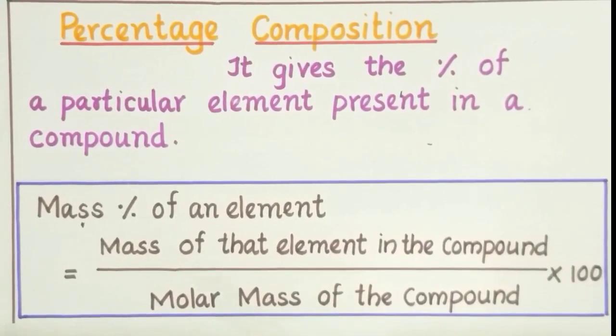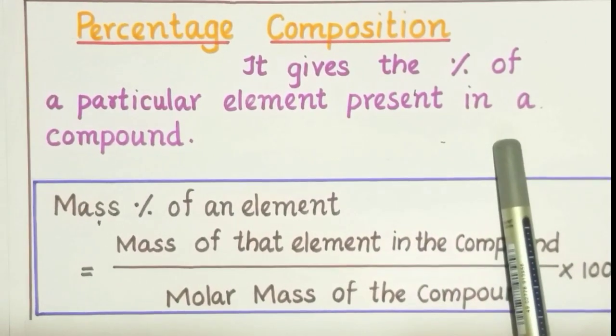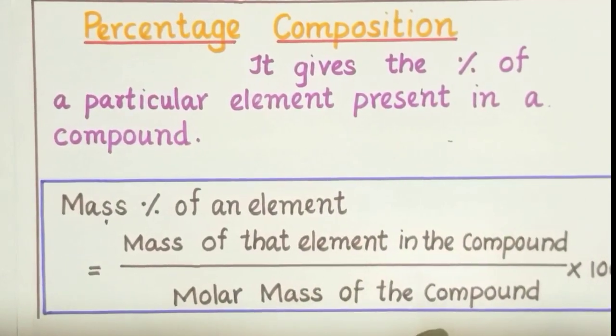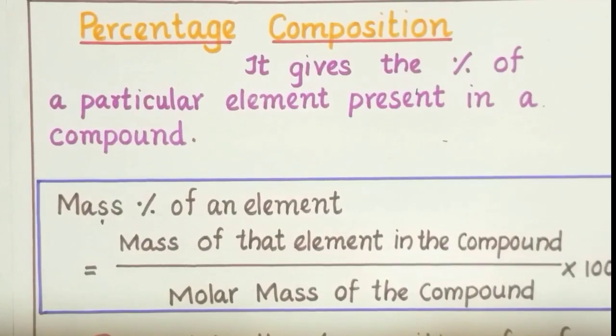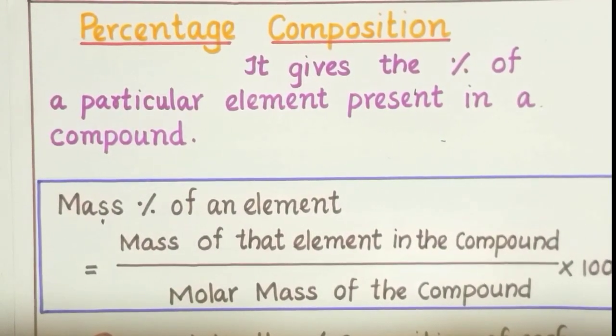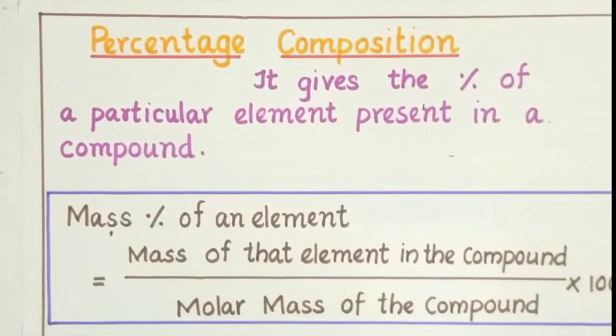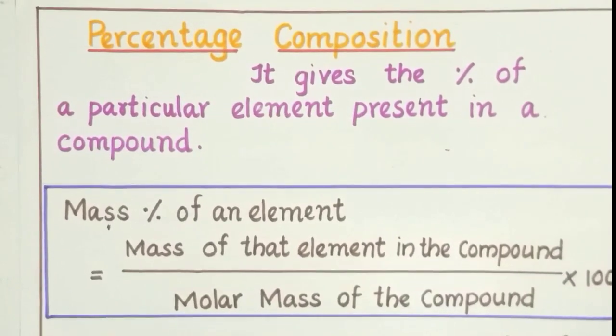Now, we calculate the percentage composition of each element present in various compounds. First example is the water molecule. The question is, calculate the percentage composition of each element present in water. You know the molecular formula of water is H2O.